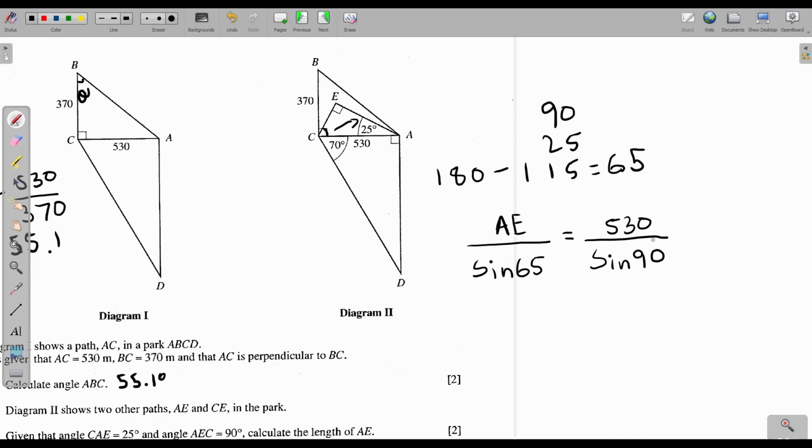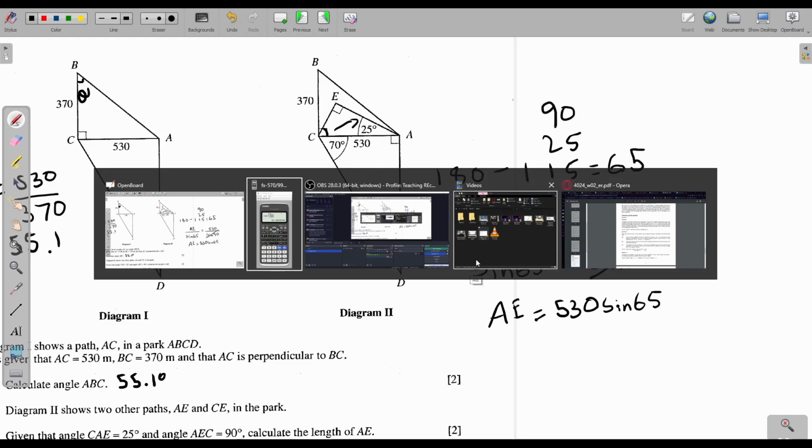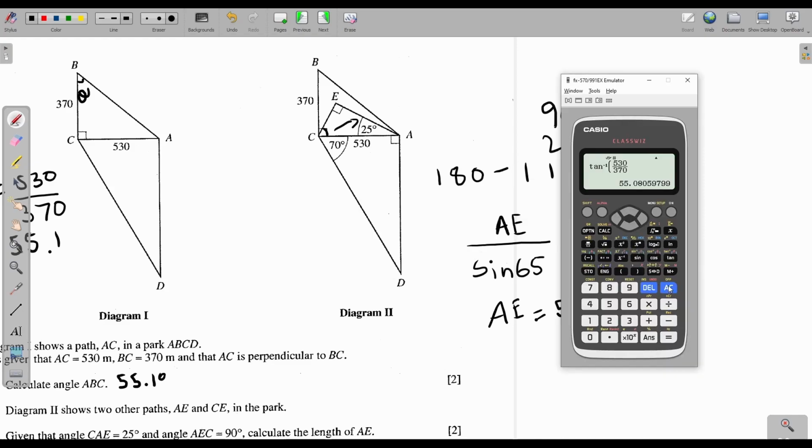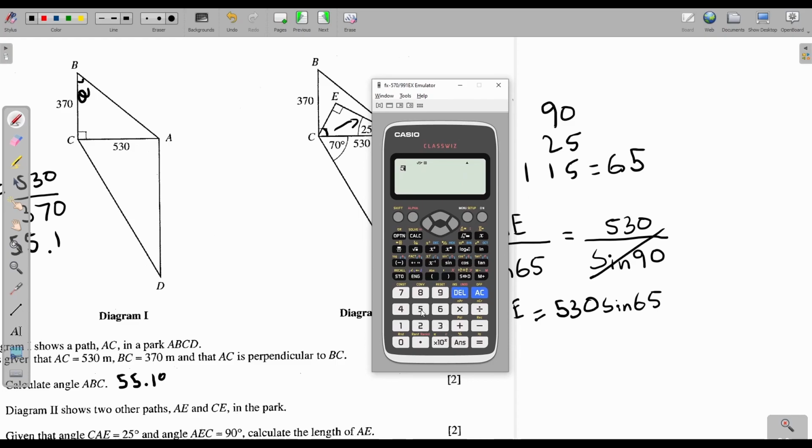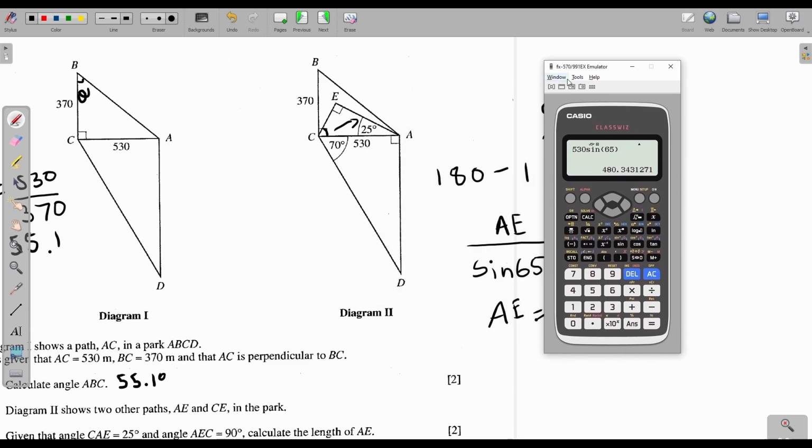And sine 90 is equal to 1, so I can just get rid of that. So AE is just going to be 530 sine of 65. Again, I can use my calculator to quickly do that. So 530 sine of 65, and we get 480.3, or we can simply say 480.